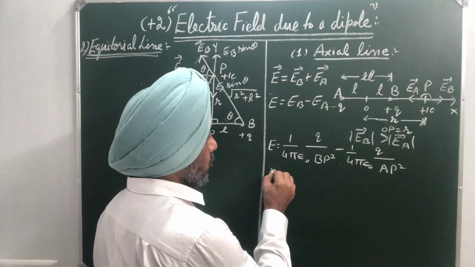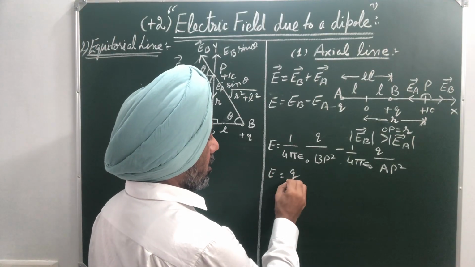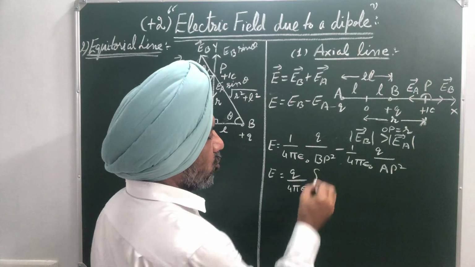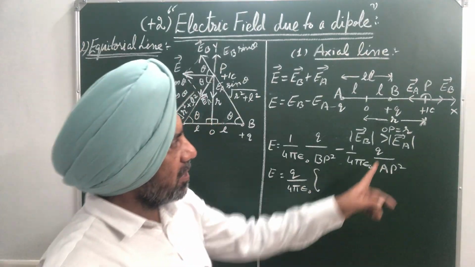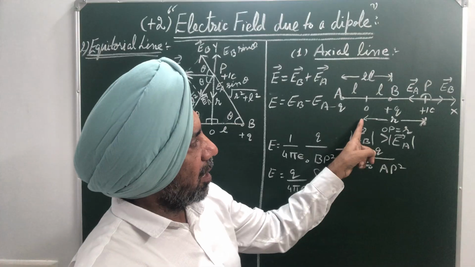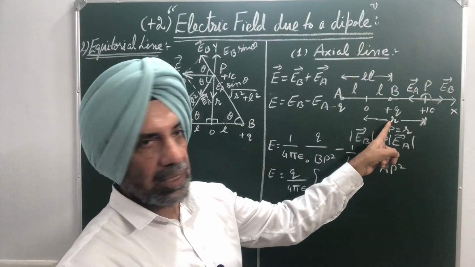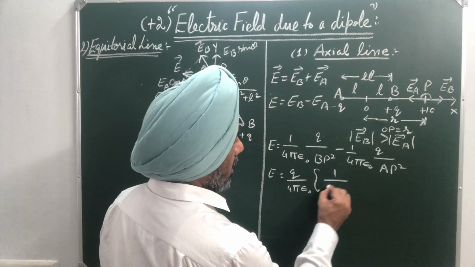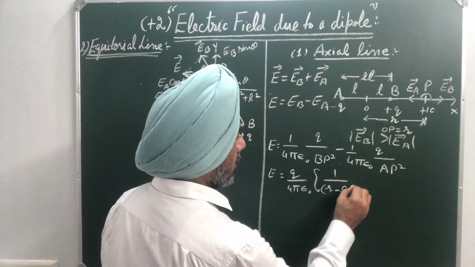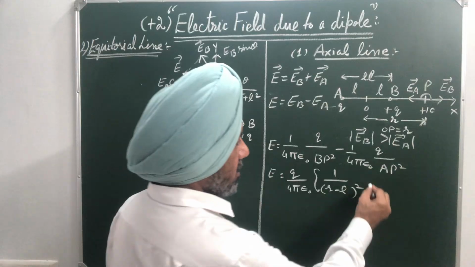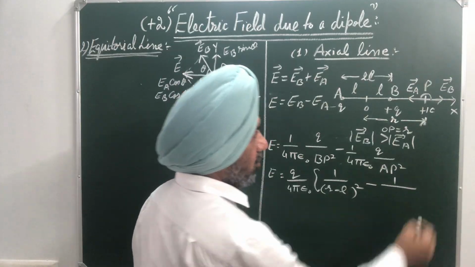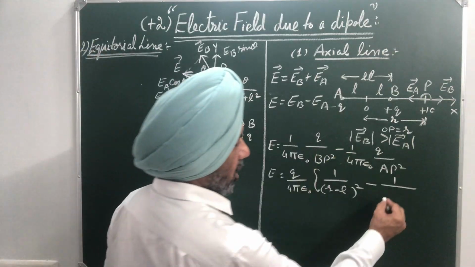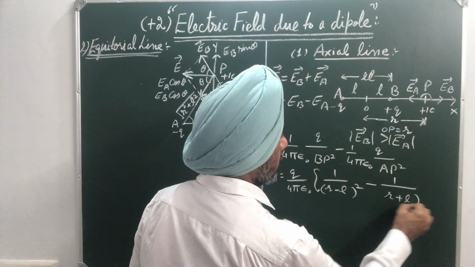Or E is equal to, q is common, 1 upon 4 pi epsilon naught is common, so 1 over BP square. BP is OP minus OB, that is R minus L, as is clear from the figure. So it is 1 upon (R minus L) whole square, minus 1 upon AP square, and AP is R plus L, so (R plus L) whole square.